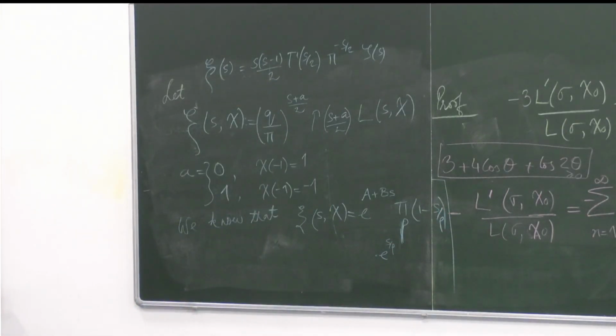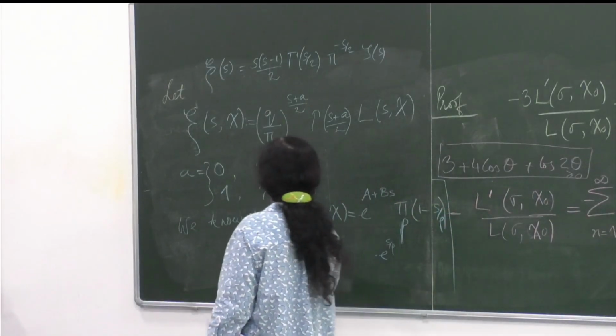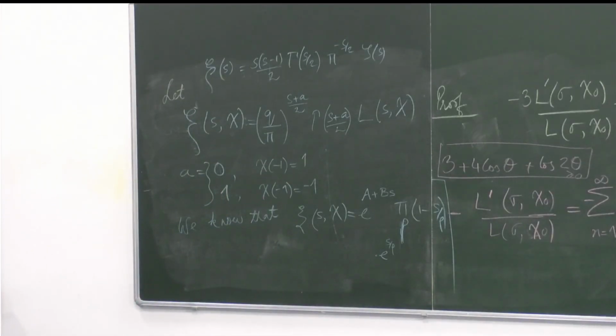So now if you take this as a black box, a blue one if you like, and you want to do the same thing as exists here, what will you be doing? You'll be taking the derivative, and you're going to get xi prime by xi. So what will you get?